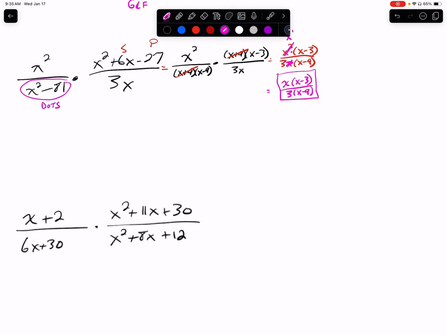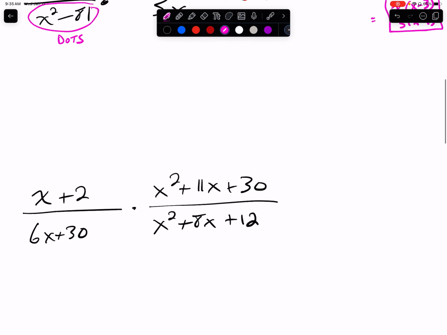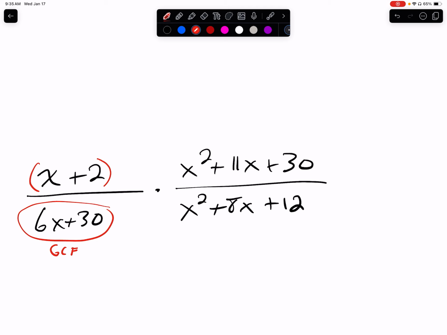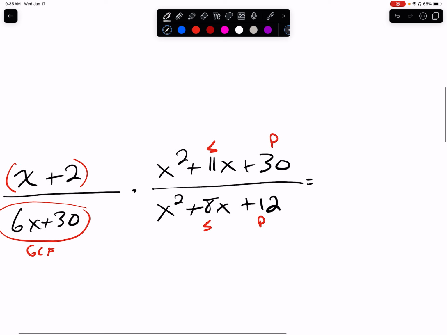All right, we've got one more big example here. Again, if you have a binomial in the beginning right away, I like to just keep it protected. Right here, we've got a GCF. And then we've got a sum product and then a sum product. Okay, so let's just go ahead and break down one at a time. This x plus 2 is going to remain by itself. I'm going to divide out a 6 and be left with x plus 5 times.